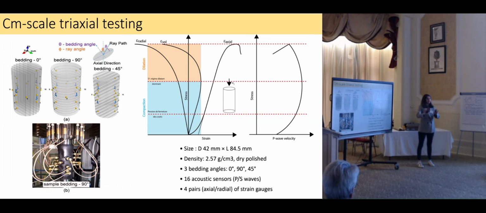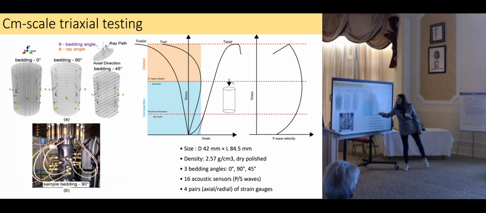You put everything in a loading cell, you put confining pressure, and then you apply your deviatoric load, and you crush the sample. Meanwhile, you're going to measure the deformation, so you're going to measure the axial strain, the radial strain, and the evolution of the volumetric strain.